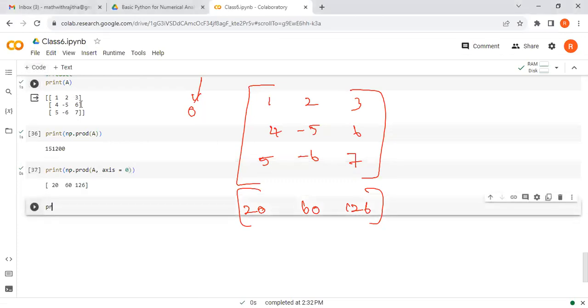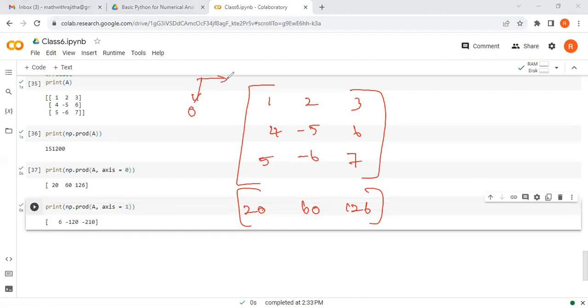The next one, print np.product of A, axis equals 1. Along axis 1, you get 1 multiplied by 2 multiplied by 3, which is 6. 4 multiplied by minus 5 is minus 20. Minus 20 into 6, minus 120.